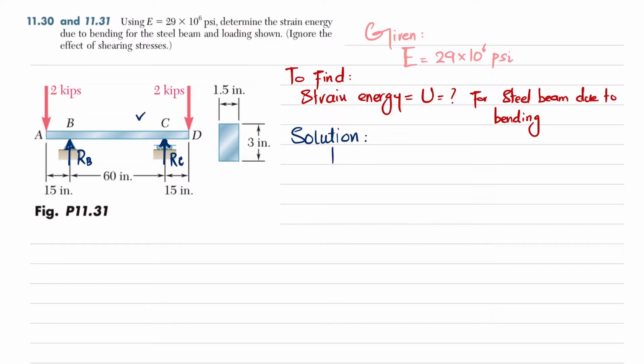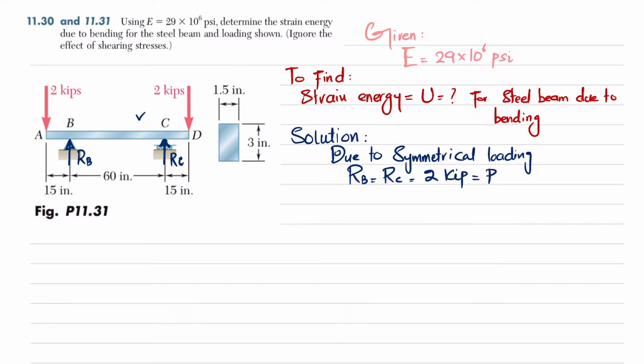Due to symmetrical loading, RB is equal to RC is equal to 2 kips, and let this 2 kips be P. I will write P is equal to 2 kips, and let this distance be a.